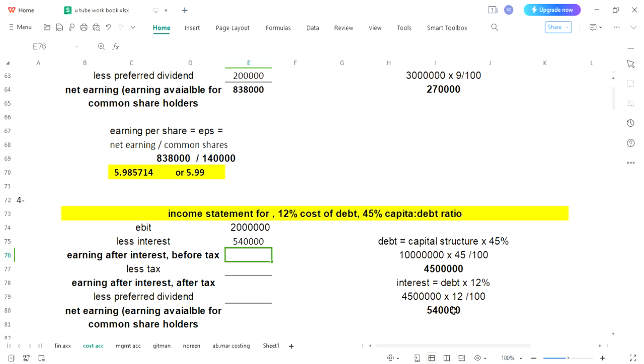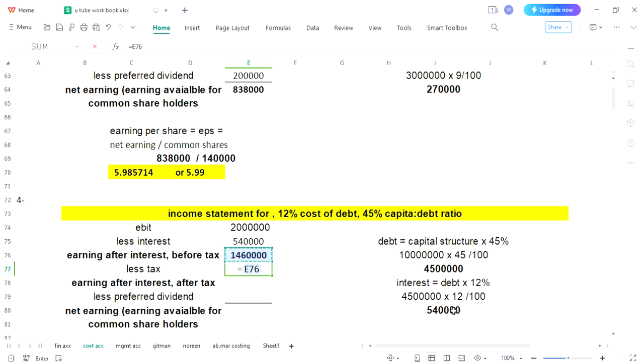After posting it, we are open to calculate our earning after interest by subtracting amount of interest from EBIT. So EBIT was 2 million, and we need to subtract our amount of interest, which is 5,40,000. So we have got our income after interest. Here we are required to calculate our tax, for which the rate of tax is 40% and would be applied upon previous income.